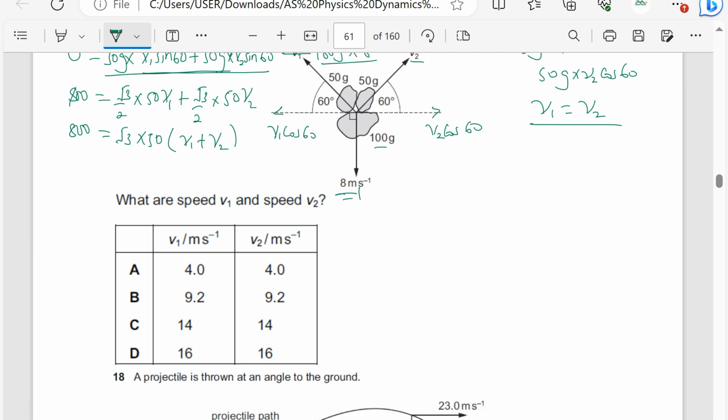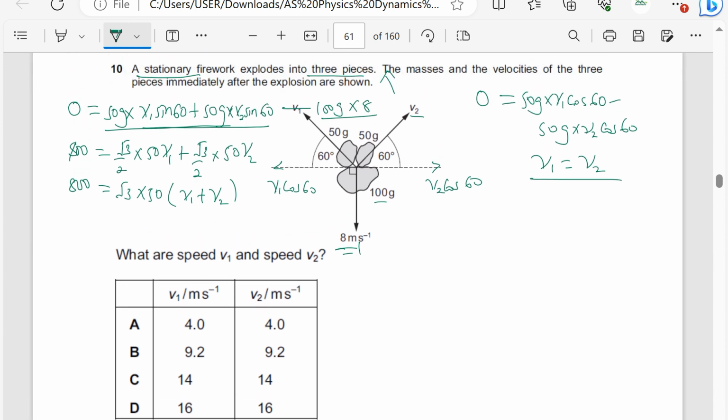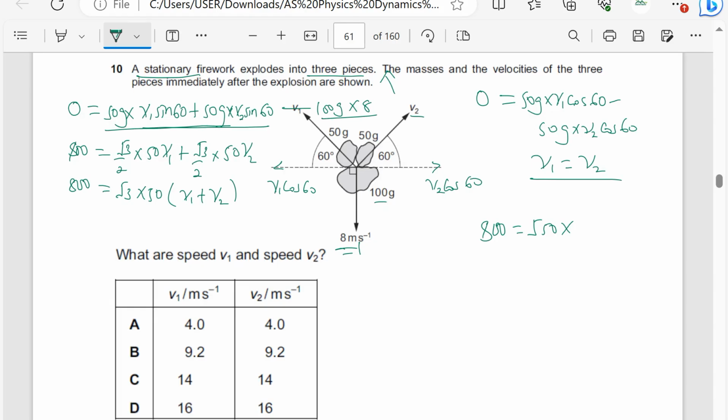Then if v1 is the same as v2, I'll just call it v1. So I'll have that 800 is equal to root of 50 times 3, where there is v1 plus v2, I'll just put there twice v1.